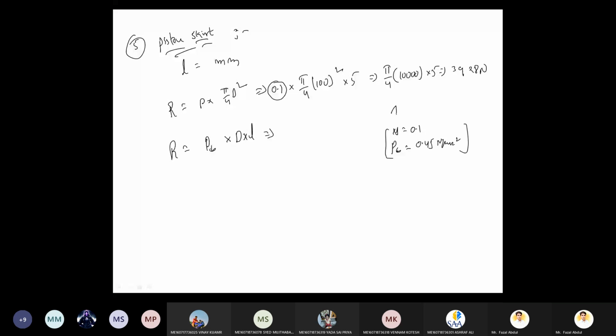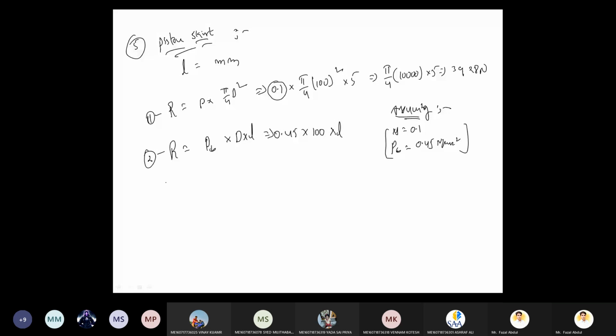These two I'm assuming. So 0.45 into bore diameter 100 mm, which is given, and L I don't know. So this is the first equation and this is the second equation.